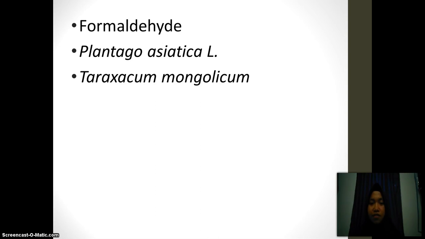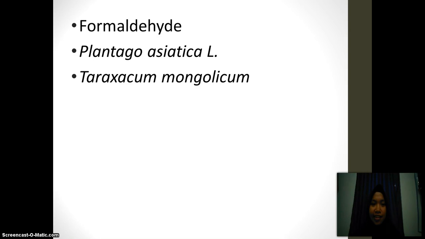In Indonesia, formaldehyde in liquid form is known as formalin. But what we talk about here is formaldehyde in gas form, and it is widely found in the air due to emissions from factories, motorcycles, cars, and the like.